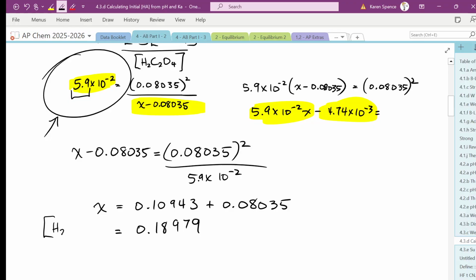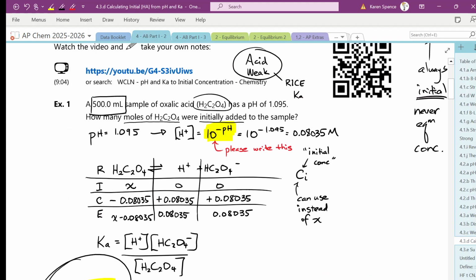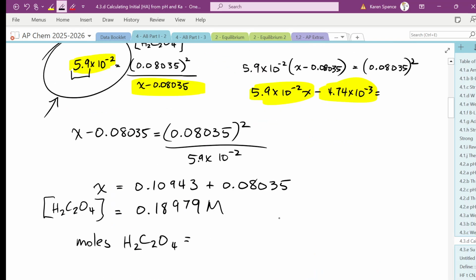Concentration of H2C2O4. That's that molar. And so the moles of H2C2O4 is equal to, well, we know that we have 500 milliliters, or 0.500 liters, yes?